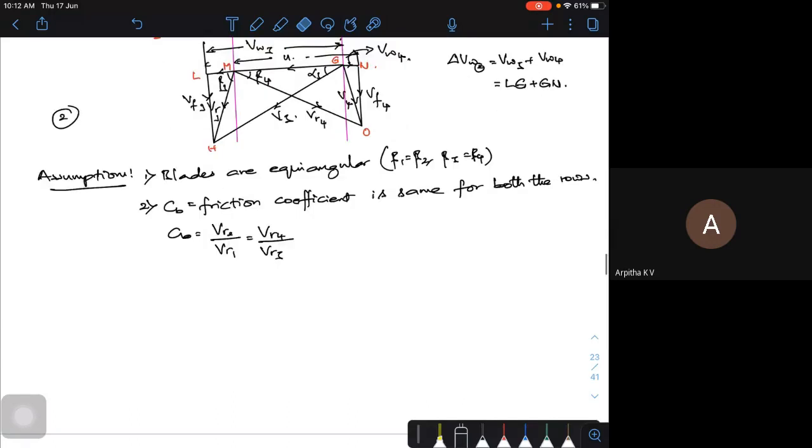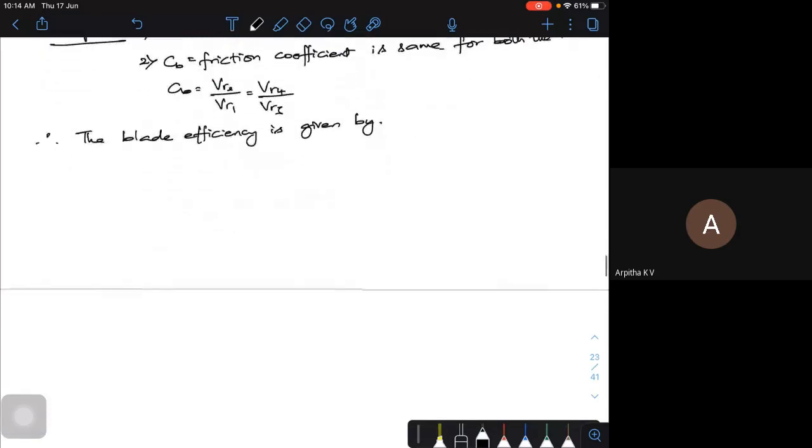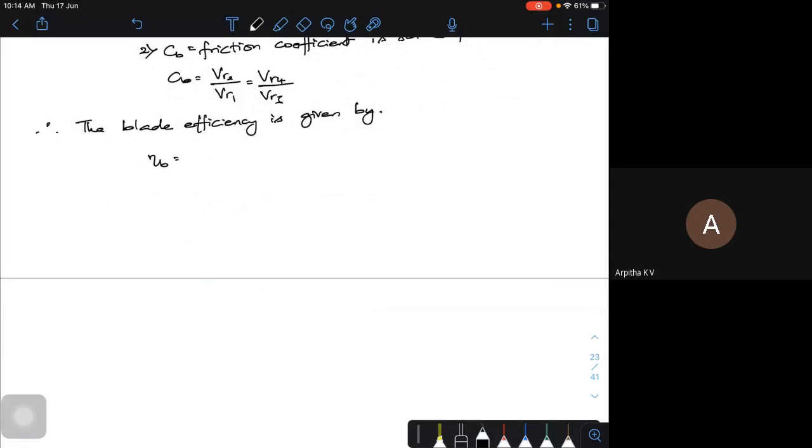Now, what is the expression for the blade efficiency? Therefore, the blade efficiency is given by your work done, that is delta VW1 plus delta VW2 into U, whole thing divided by your kinetic energy at the inlet, that is V1 square by 2.